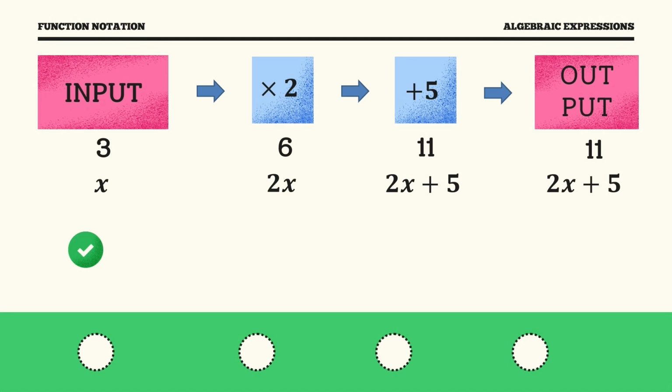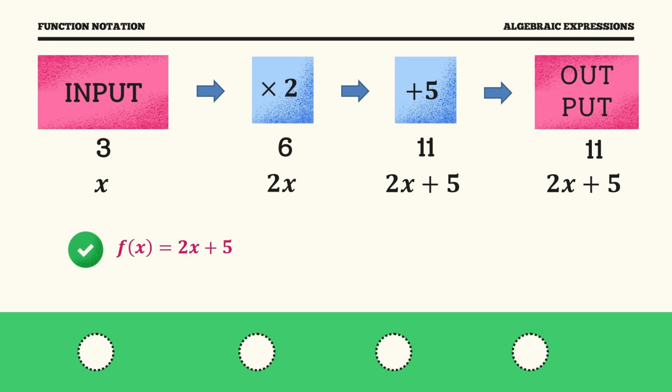This could be written down instead using function notation. We would first of all write f. And then some brackets. Inside the brackets we place our input, which is x. On the right hand side we write 2x plus 5 because that's the output.